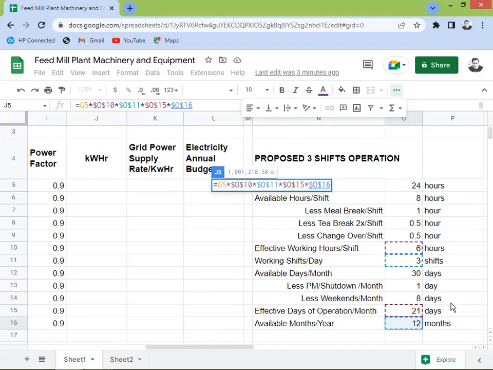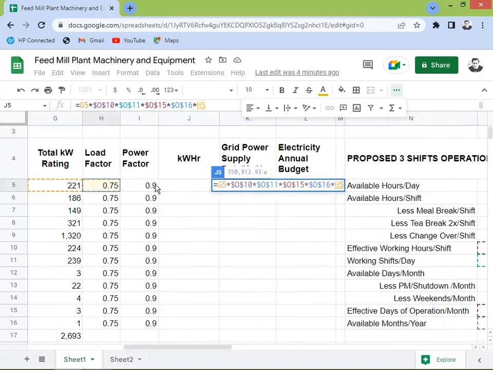Then next, we're going to multiply it by, as I've said earlier, the load factor.